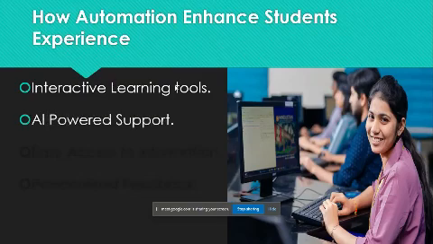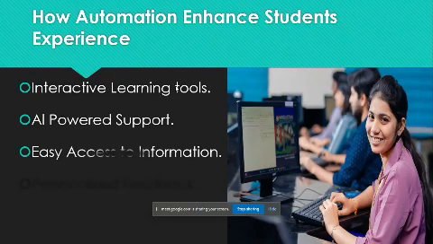The third point is easy access to information. Automated systems provide students with 24/7 access to important information like course schedules, assessments, and announcements through online portals and mobile apps.